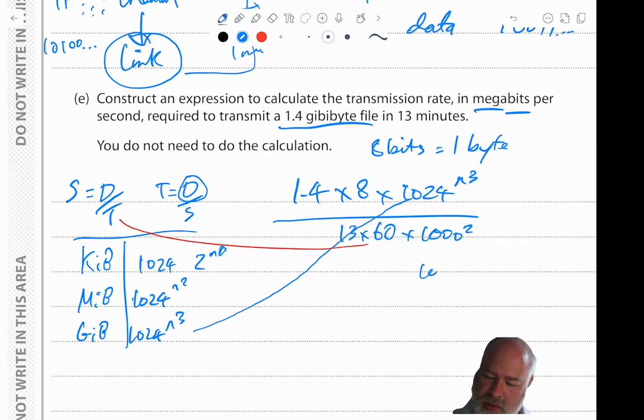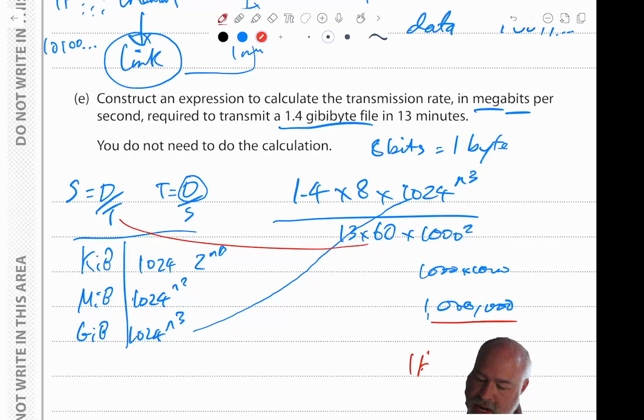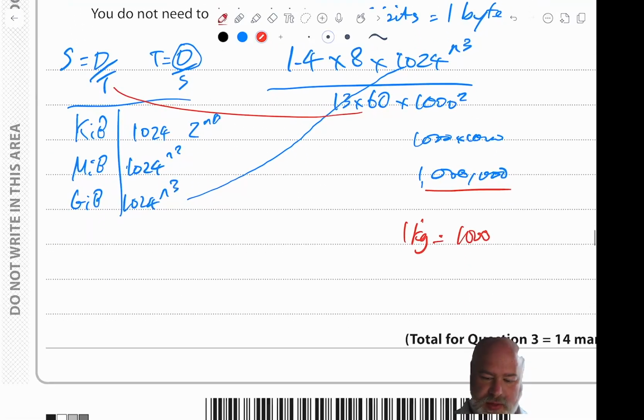You could also do 1000 times 1000 or a million, right? So mega is a million. You've got to remember a mega is a million. Like if you've got 1 kilogram, right? That's an analogy to remember. Then it's 1000, isn't it? And then you've got a million, and you just keep on adding zeros, like 9 zeros.